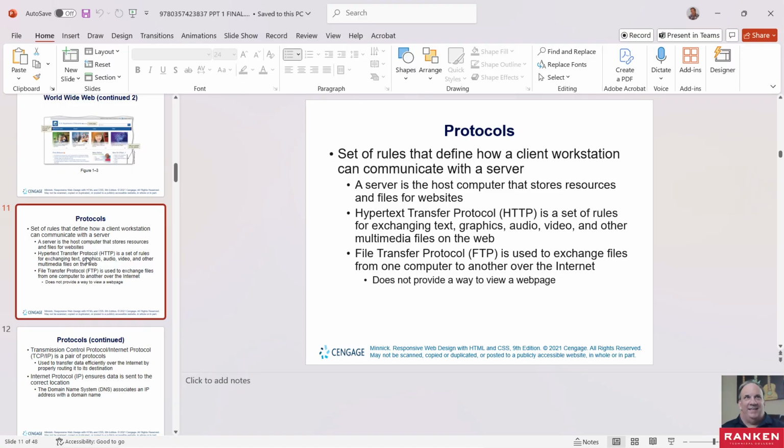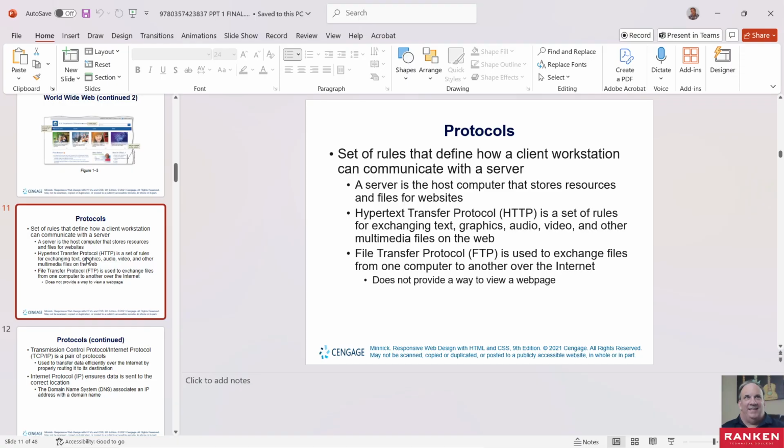And it's not always computer related, but for our purposes, a protocol is a set of rules that define how a client workstation can communicate with a server. So a server is a host computer that stores the resources and files for websites, right? And like I said, it's usually going to have some software that's installed that manages that, right?